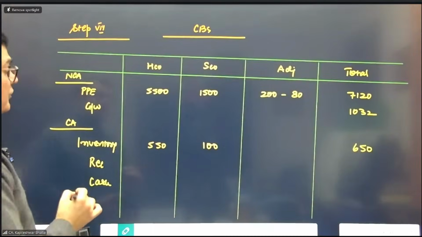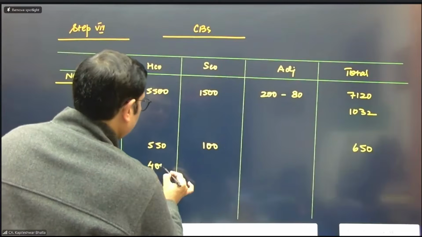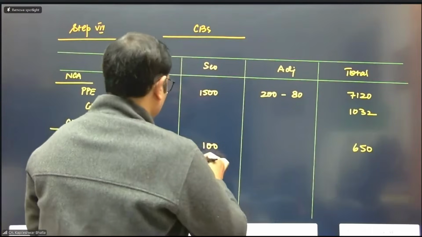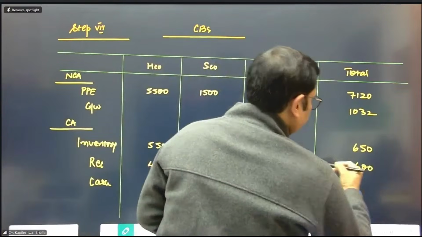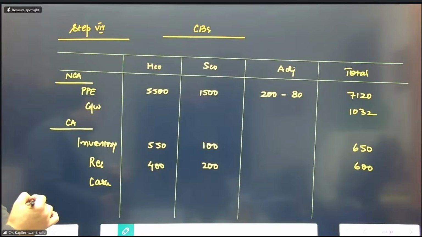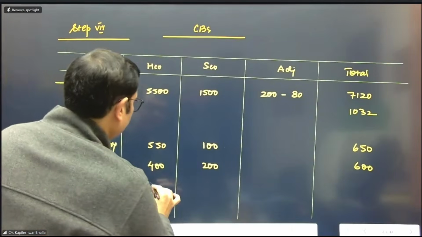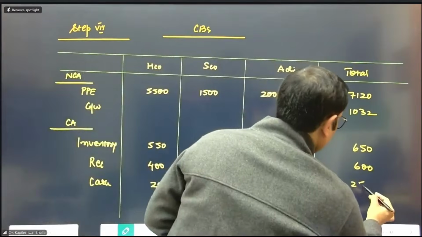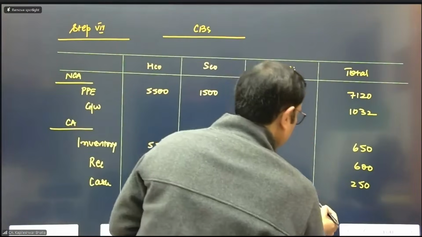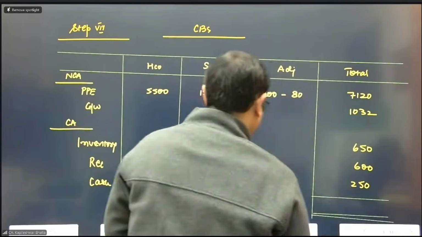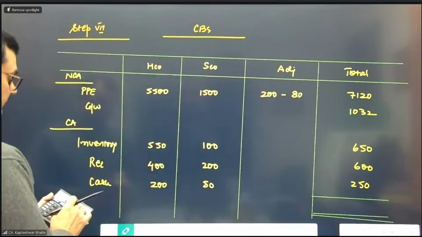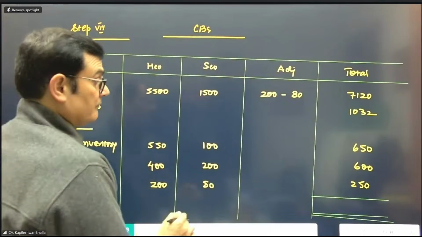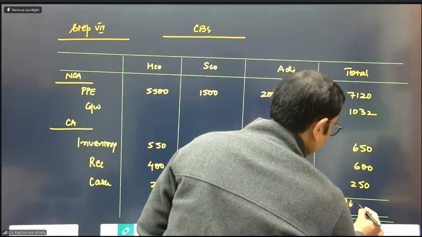Then receivables is 400 and 200. I think there are no intercompany owings, nothing. Then cash is 250. I guess there are no adjustments again. So that's it on the asset side of the balance sheet, I guess. 9652.